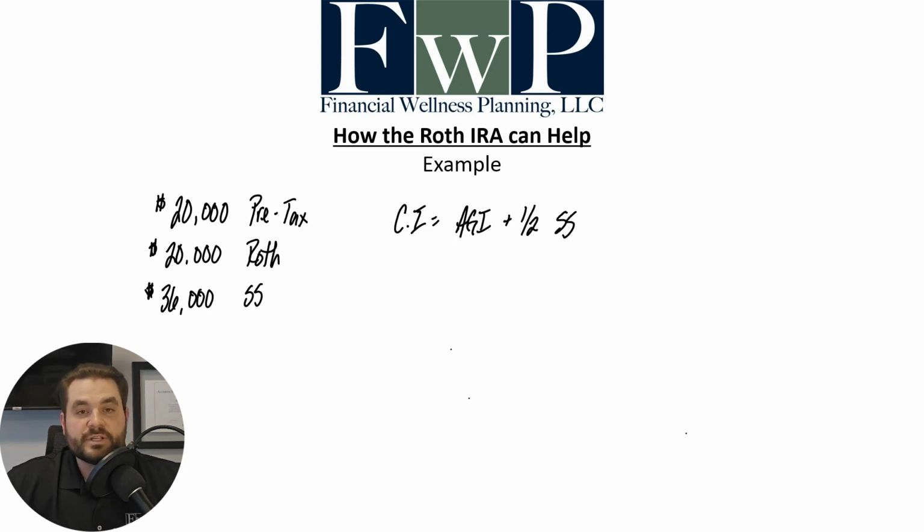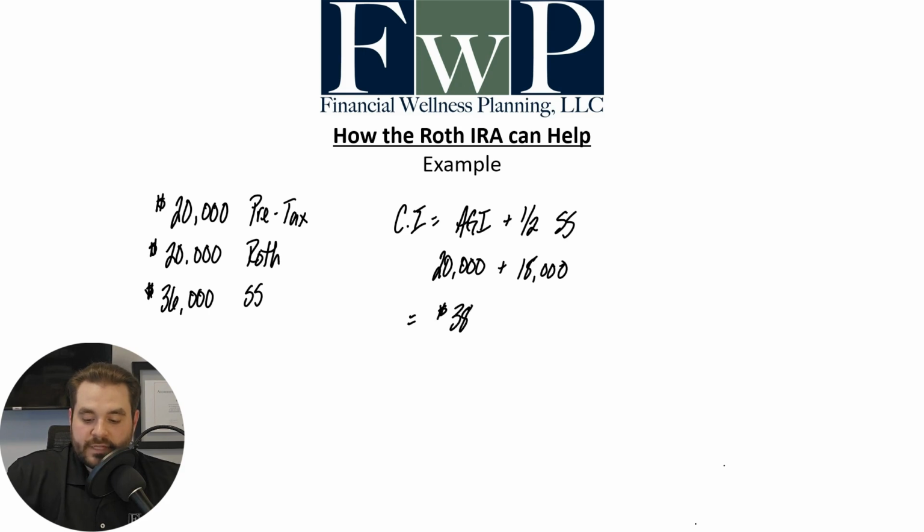Yes, tax-exempt interest is included, but for this example, we're assuming they don't receive any. So we're going to take the $20,000 as opposed to the $40,000 that was in example 1, and add to that $18,000, or half of their Social Security benefit. If we add both of those together, their combined income is $38,000. Now we're going to follow the same calculations as we did in the first example.